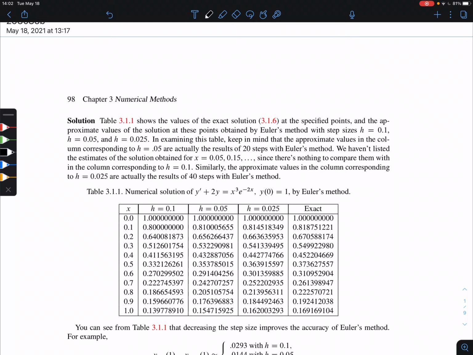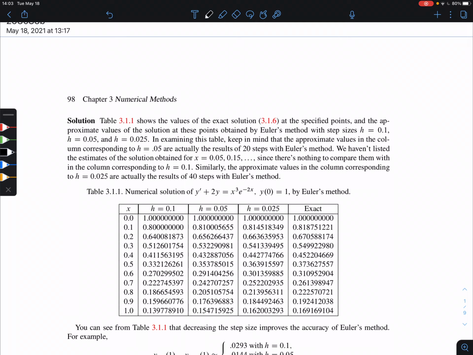So let's now take a smaller h, half the size, 0.05. Now, be careful. How many calculations do I have to do in order to get to the value 1, the x equals 1, right? That is the very first column in this table, that is the x values, right? There I have to do 20 calculations, right?